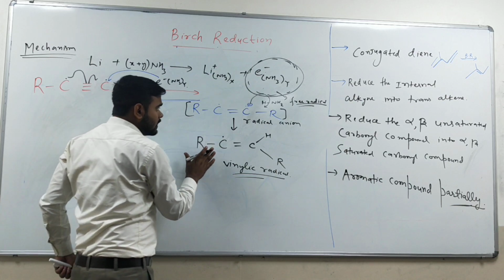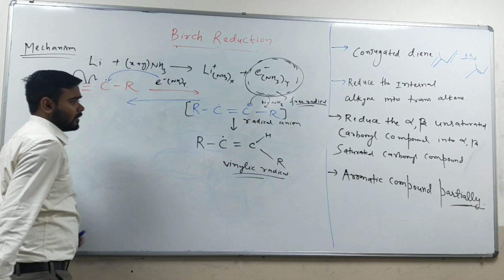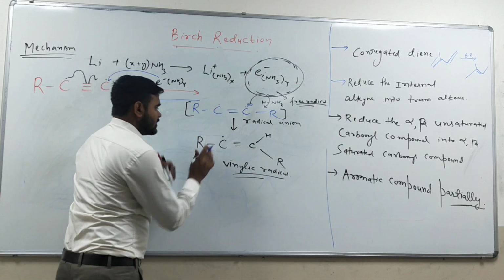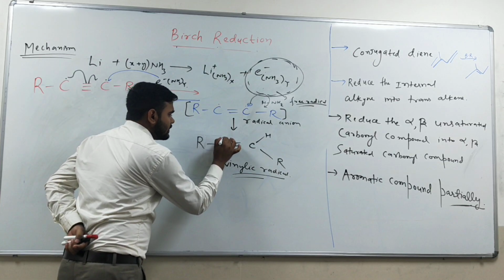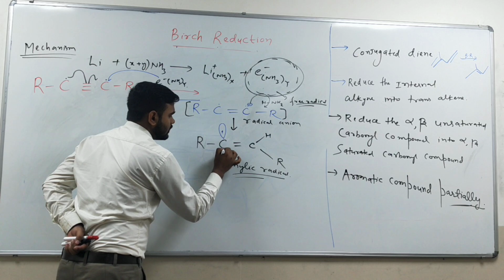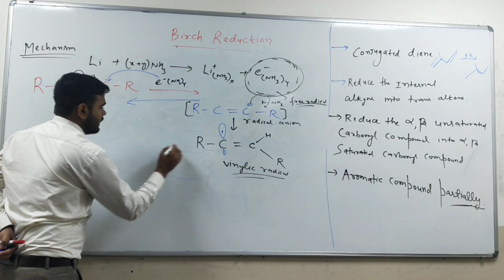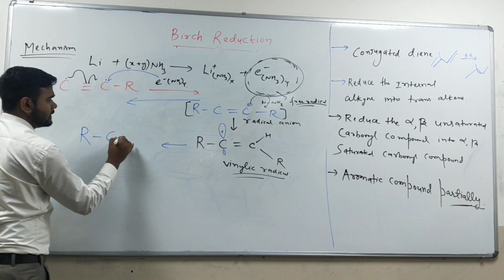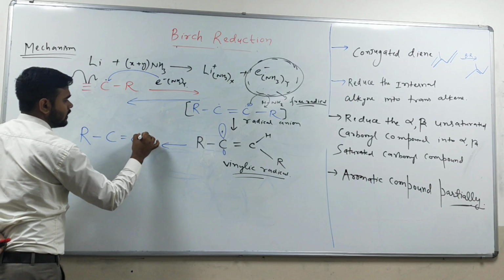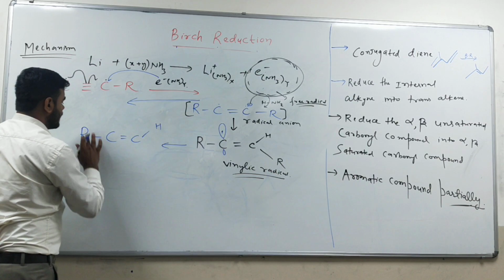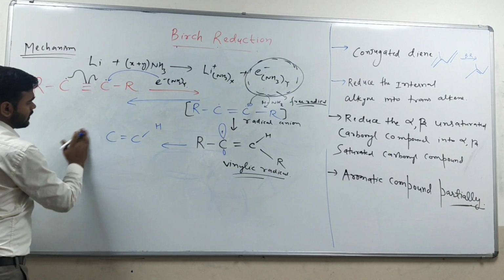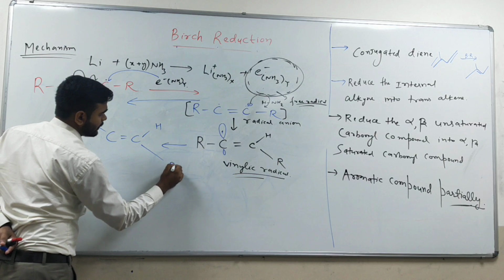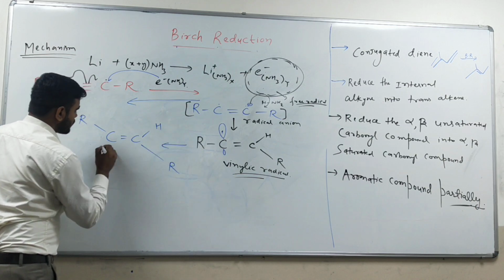One more thing, if I talk about the stereochemistry here, look here. This particular one electron will be something like that. In the stereochemistry, R, C double bond C, here H will also be there, and from this carbon your R will be this one, and here one electron will be like this.